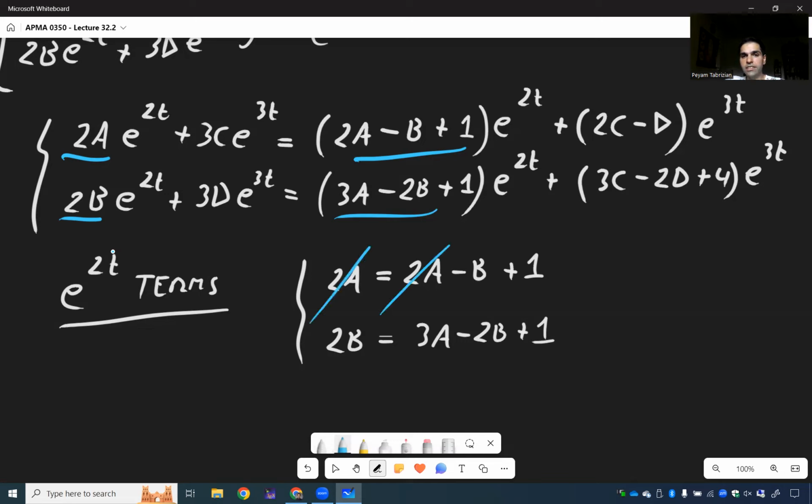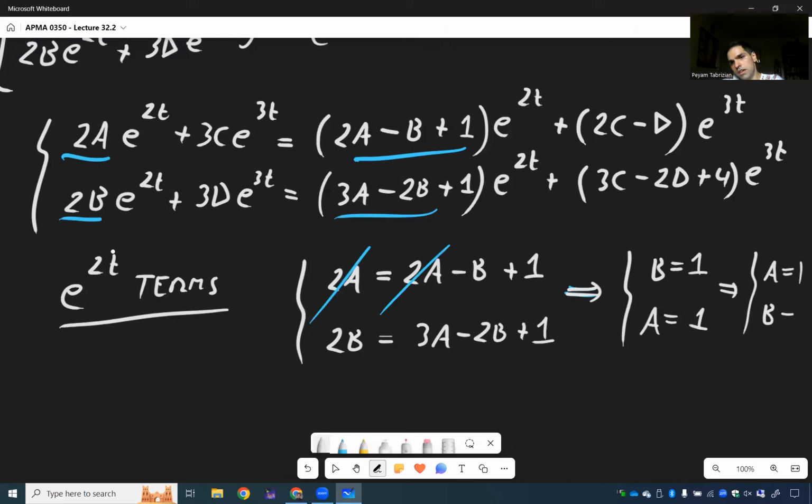So the two a's cancel out, and basically you get b equals 1. And then I think you can just solve for a being 1. So then a equals 1 and b equals 1.